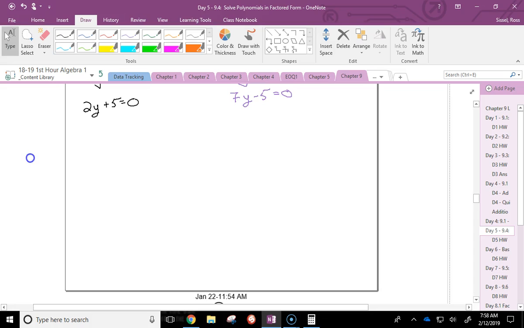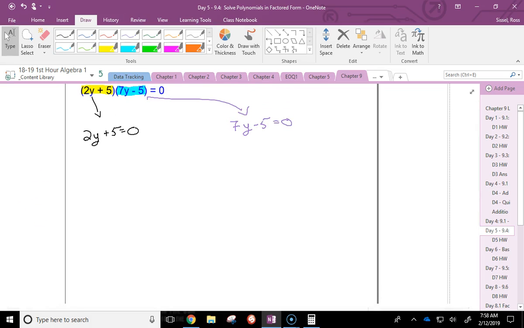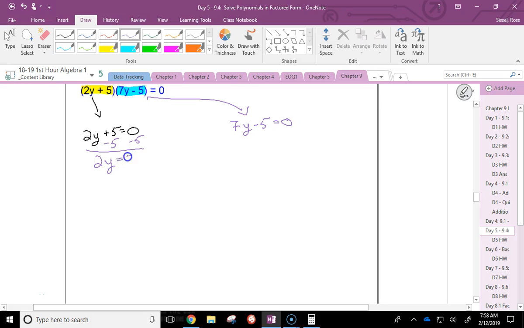All right, let's look. 2y plus 5 equals 0. Going through this, you should have minus 5. We'd have 2y equals -5. Divide by 2, and we would have y equals -5 halves. Okay? And then when I go over here, add 5 to both sides.